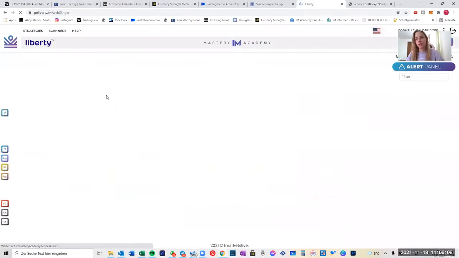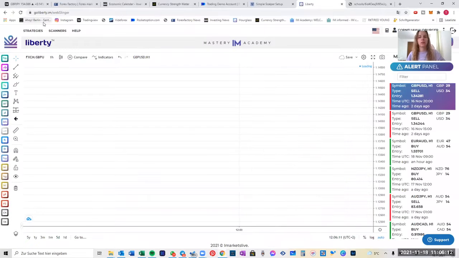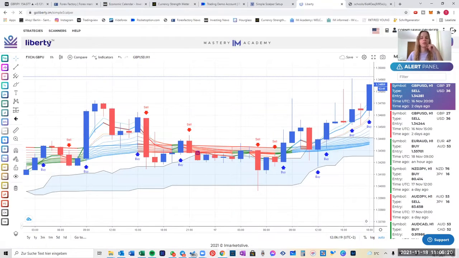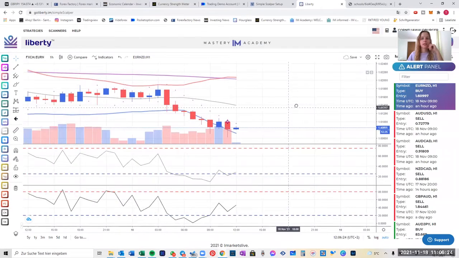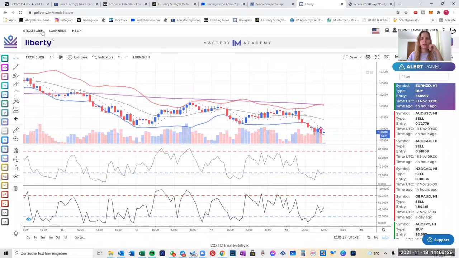Plus, you can activate this strategy by yourself. You can trade it in HiveX and Liberty, or you can trade it in TradingView. So that's all up to you. Here you have the strategies, and I love to trade simple scalper 1.0 because that's equal to what we're doing.